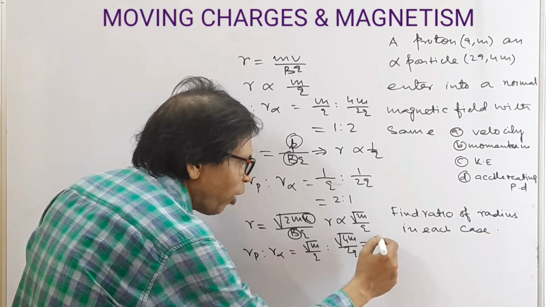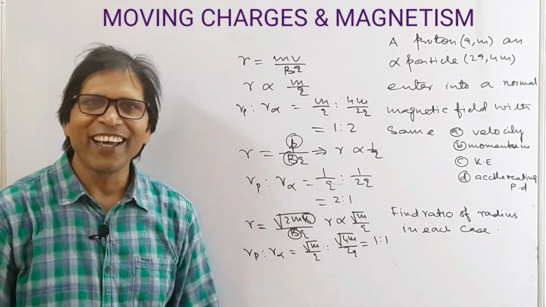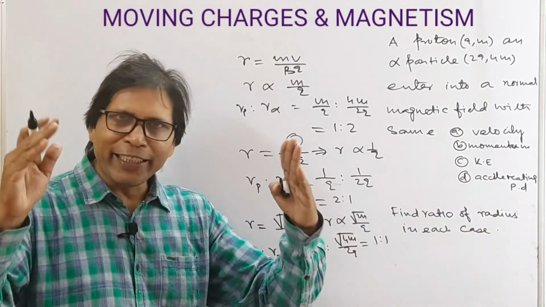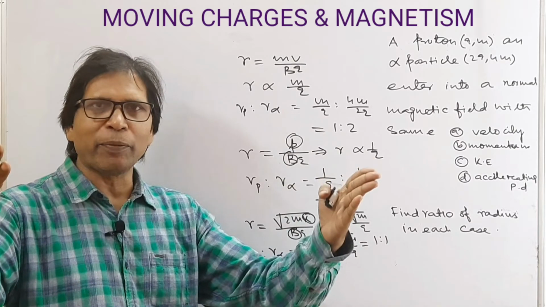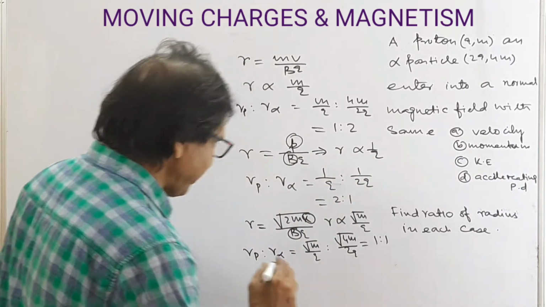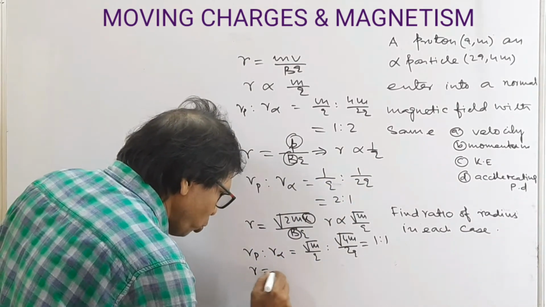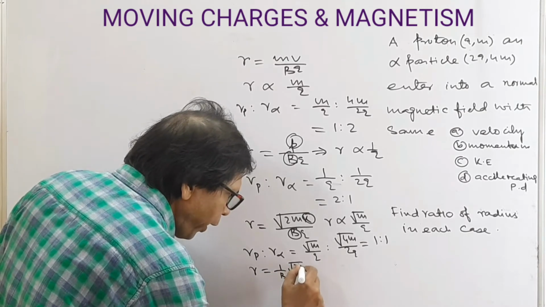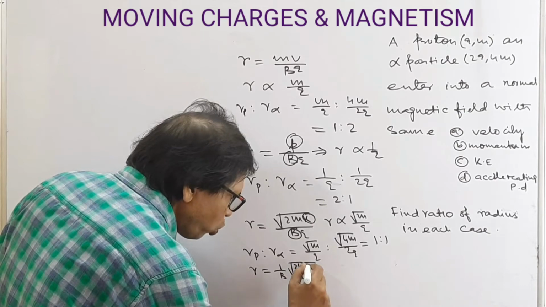So this is 1:1. Okay, understood? Now when they are accelerated with the same potential difference, the radius r becomes 1 by b root over 2m by q into v.